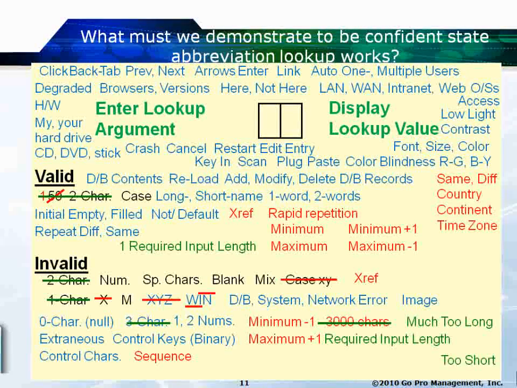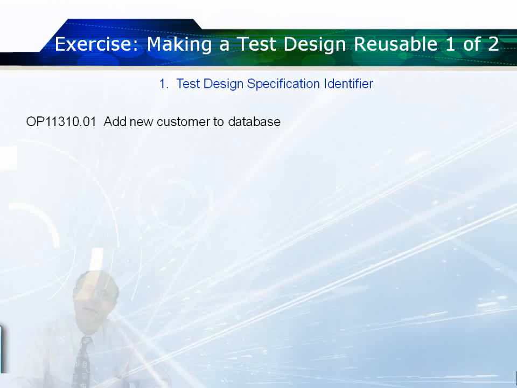So with this rewording, I think you will see that we have now got a test design specification that is reusable for looking up any value from a finite table.